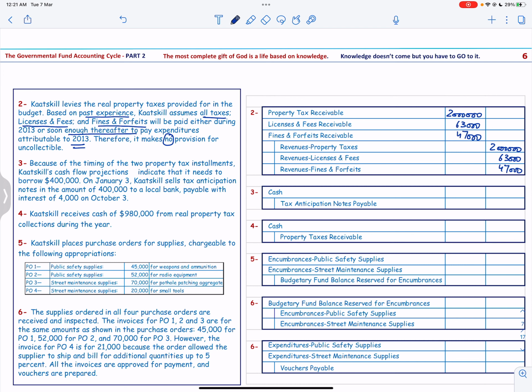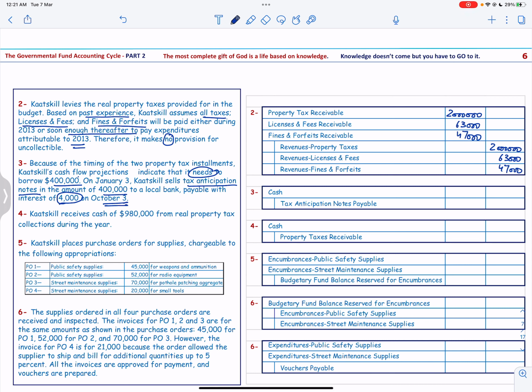Then we go to number 3. Because of the timing of the two property tax installments, Catskill's cash flow projection indicates that it needs to borrow 400,000. On January 3, Catskill sells tax anticipation notes in the amount of 400,000 to a local bank, payable with interest of 4,000 on October 3.